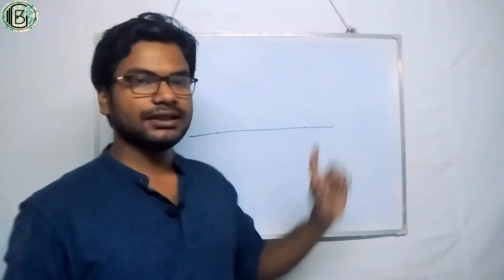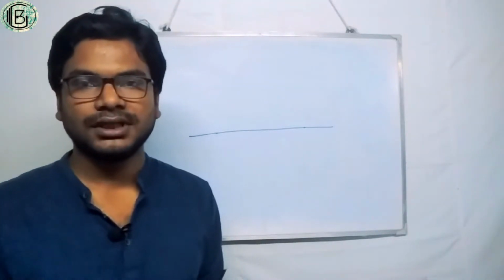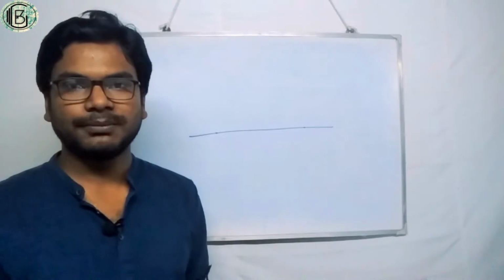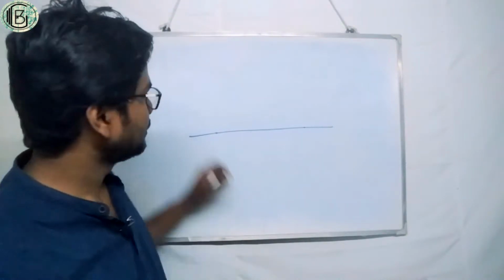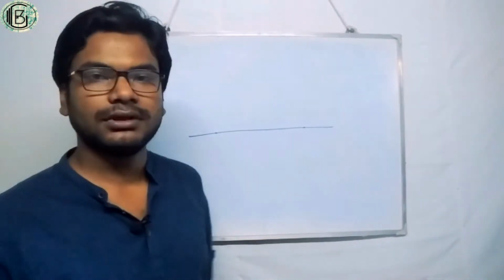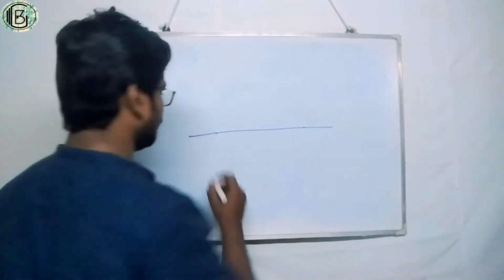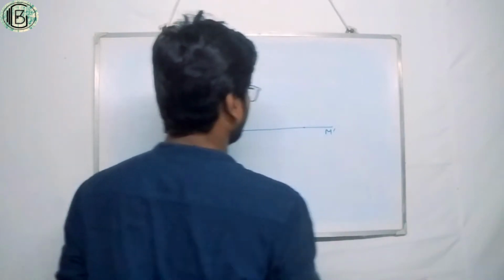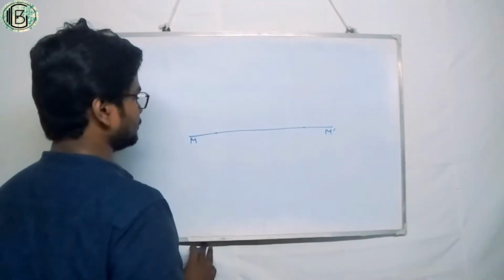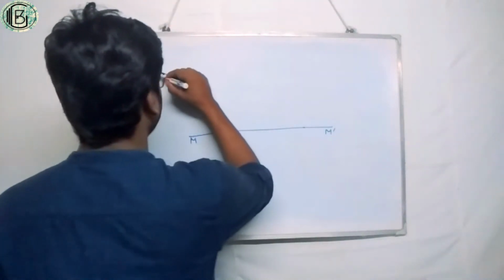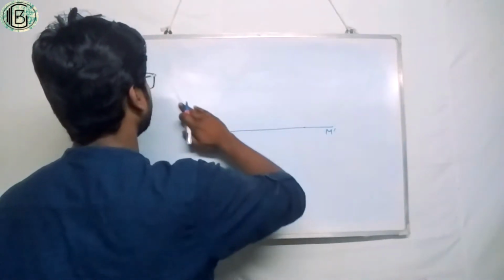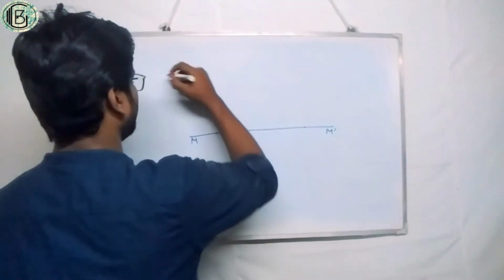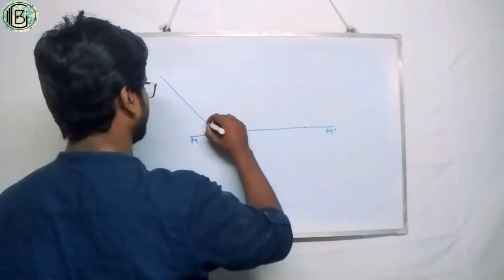Suppose this is a mirror, M1, M prime. Now a beam of light is made to fall on this mirror like this.